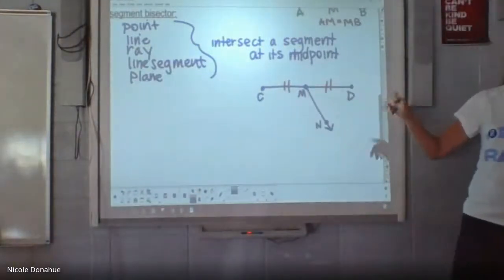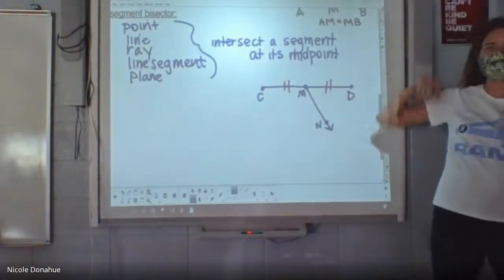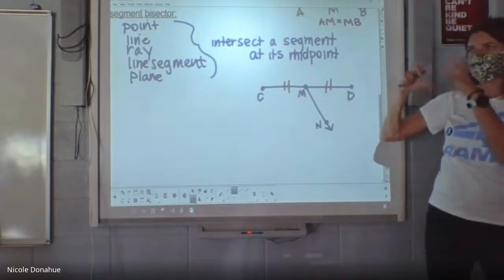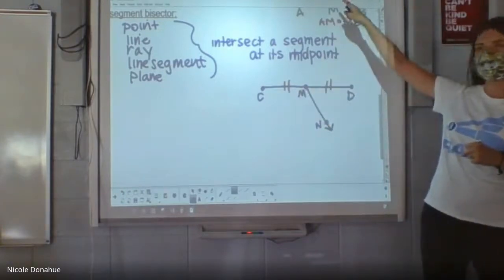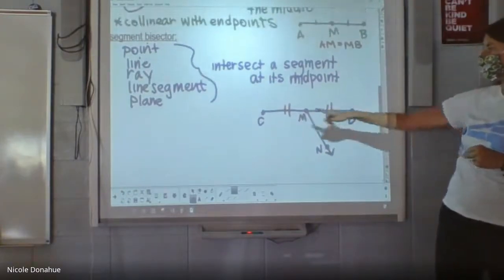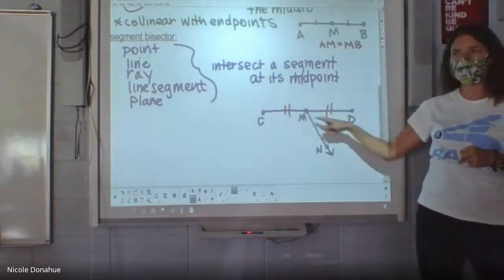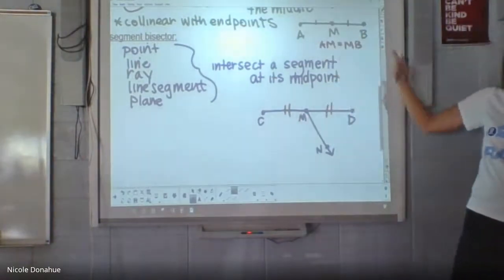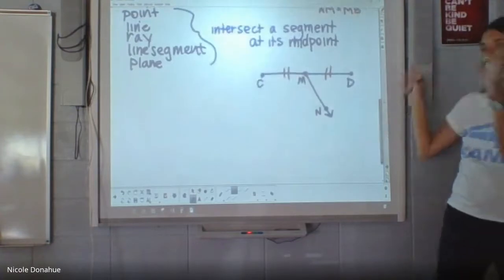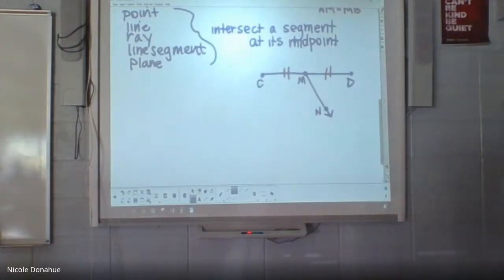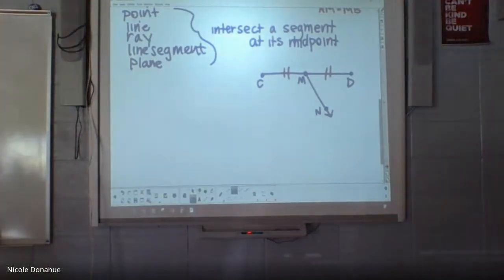But what this is also showing is if these two drawings were on the same piece of paper or in the same problem, CM is different than AM. The fact that this has two marks versus that has one is just showing that they're not all the same length. So it's kind of just a notation thing. I just want to show you guys you can use two, you could use three. It doesn't really matter.